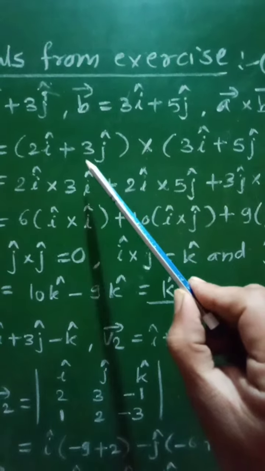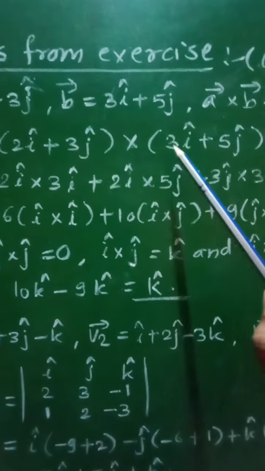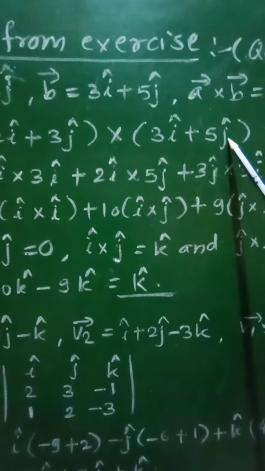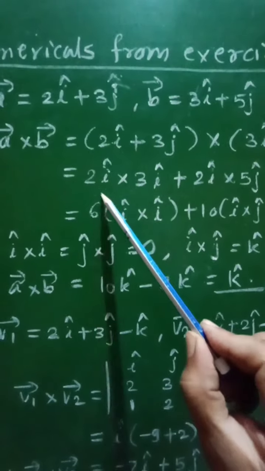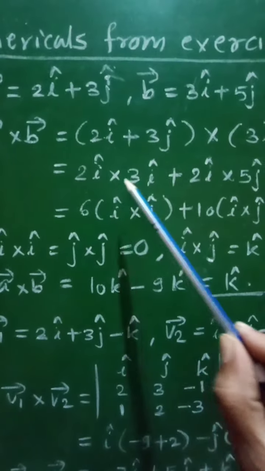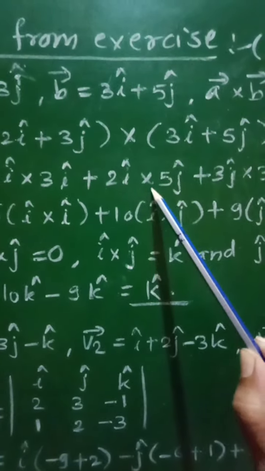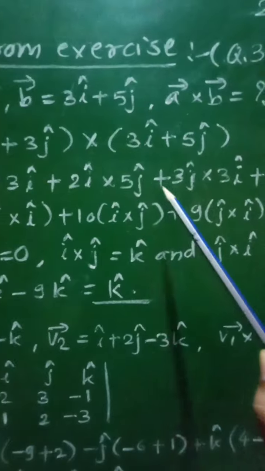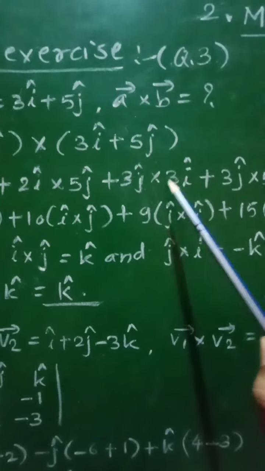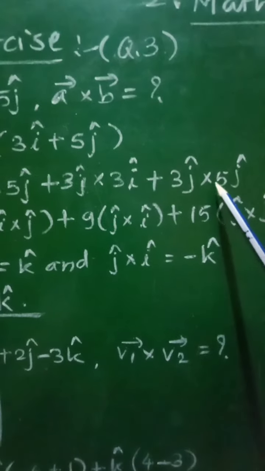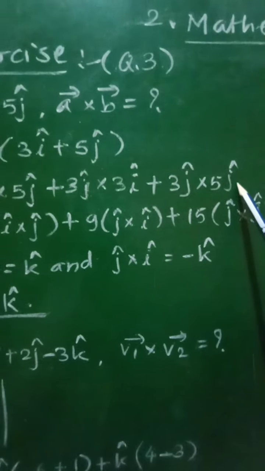Similarly, after this 3j cap will be multiplied by 3i cap and 5j cap, and therefore it will be written as 2i cap cross 3i cap plus 2i cap cross 5j cap plus 3j cap cross 3i cap plus 3j cap cross 5j cap.